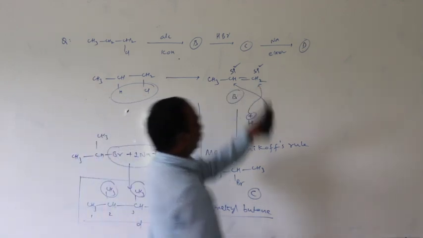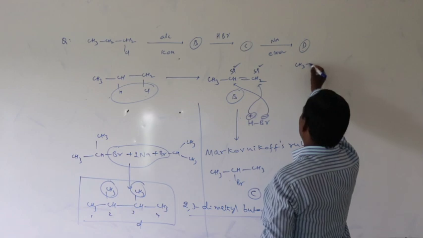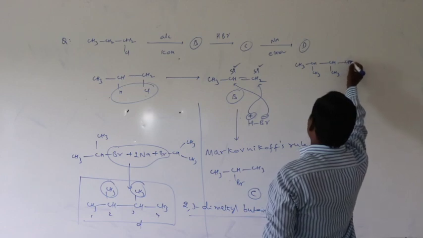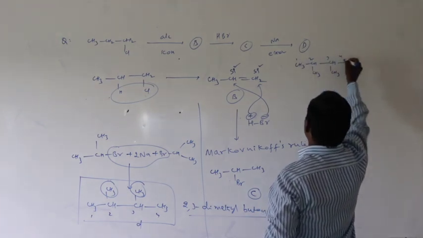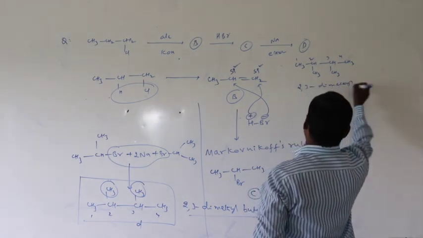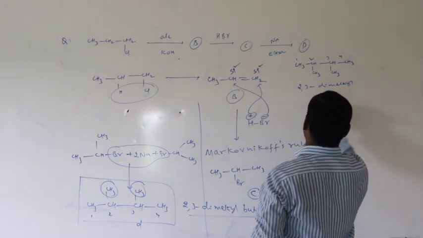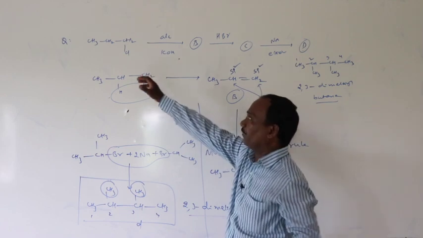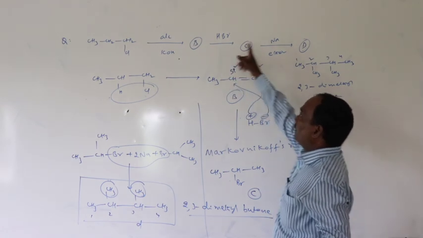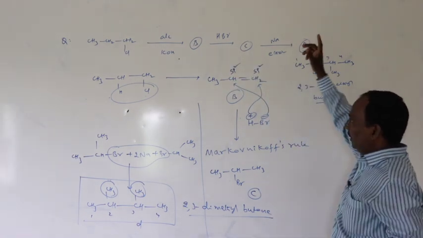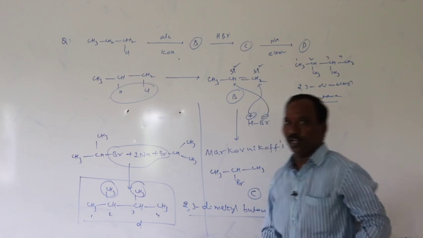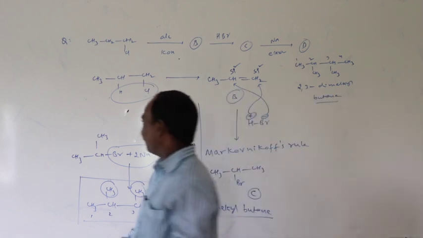So D is 2,3-dimethylbutane. Once again, with propyl chloride, alcoholic KOH, B with HBr, C with sodium metal, D. So here B is propene, C is 2-bromopropane, and D is 2,3-dimethylbutane.